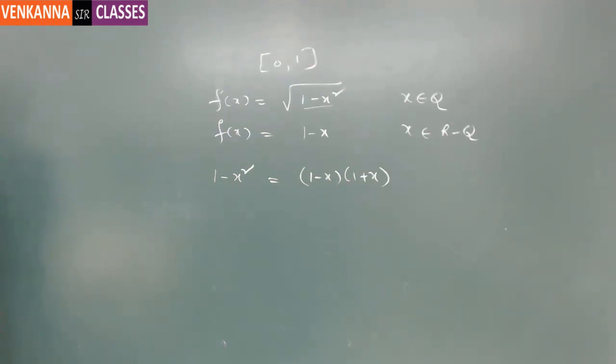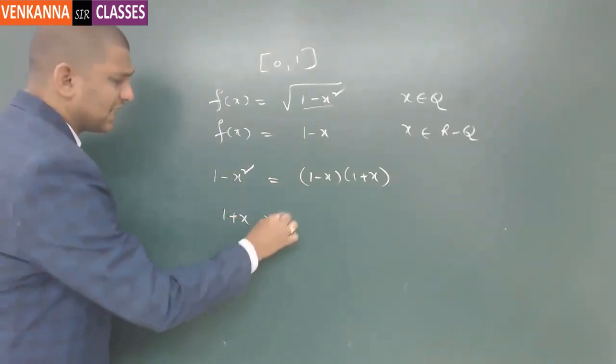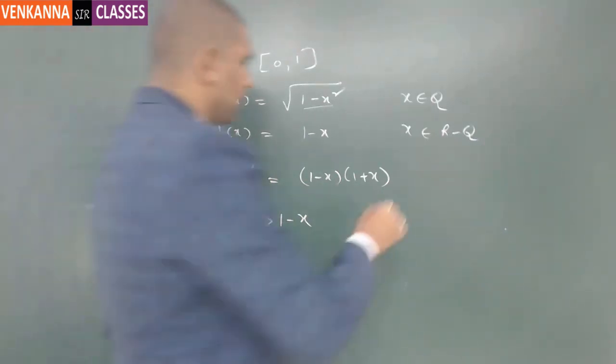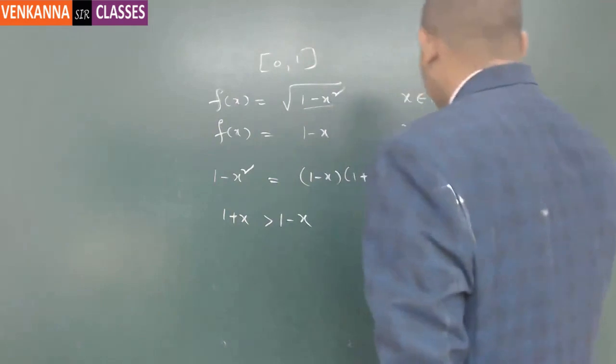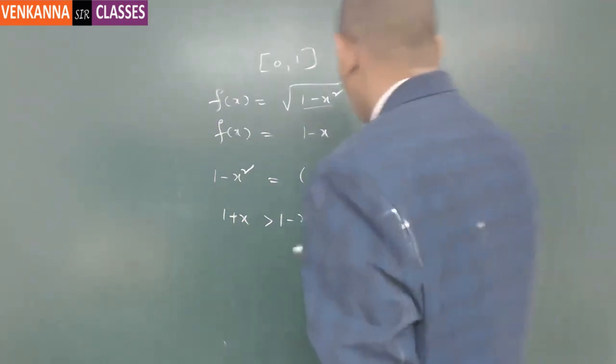So we have 1 plus x is greater than 1 minus x. So here you can say this will be greater than 1 minus x into 1 minus x. Agreed?